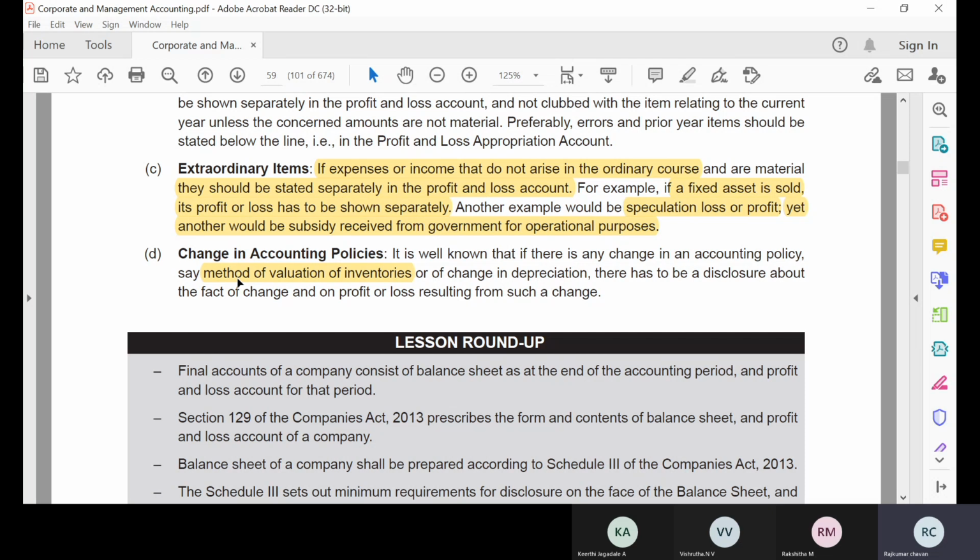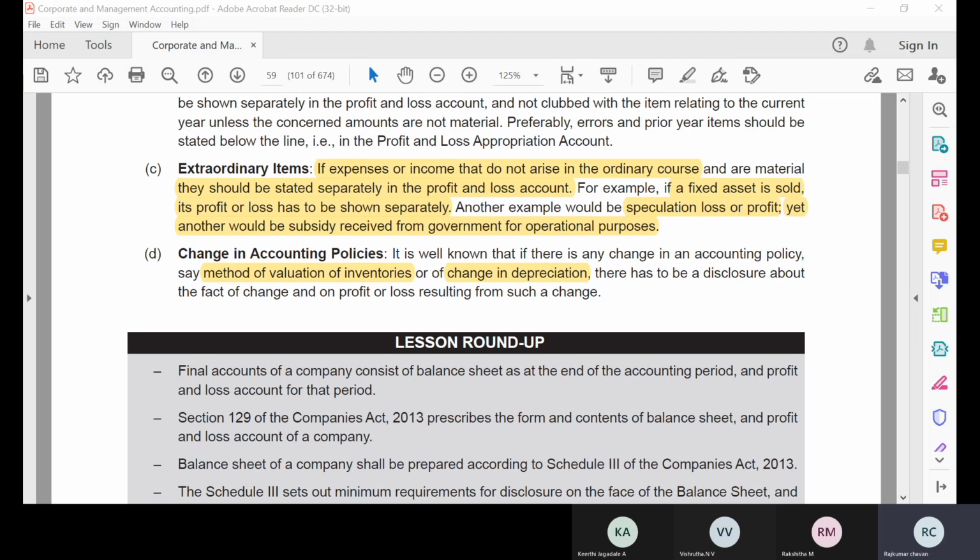Even a change in depreciation must be mentioned, that the company has changed its provision for depreciation charging, according to which method, whether WDV, SLM, time value method or annuity method.